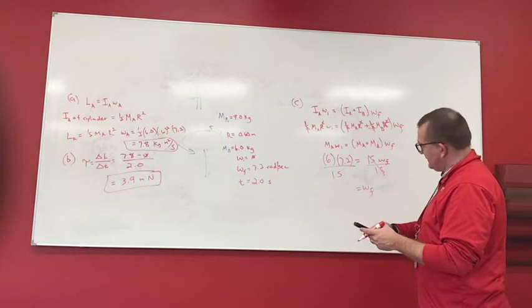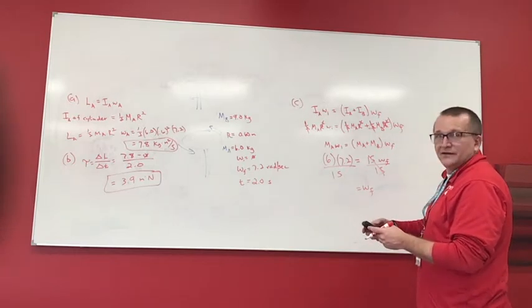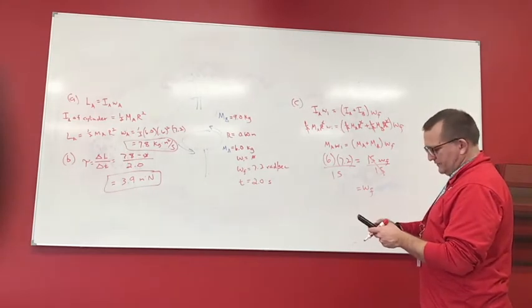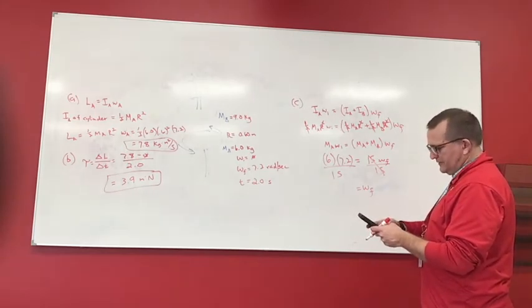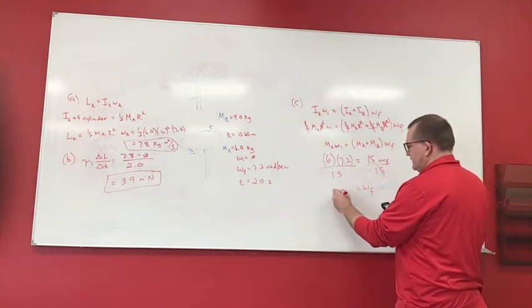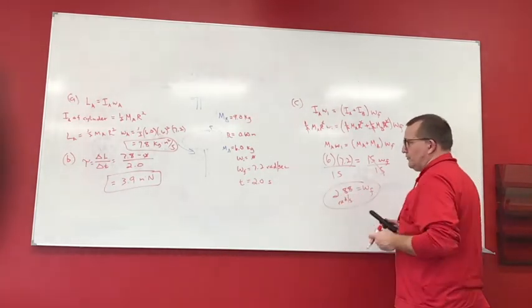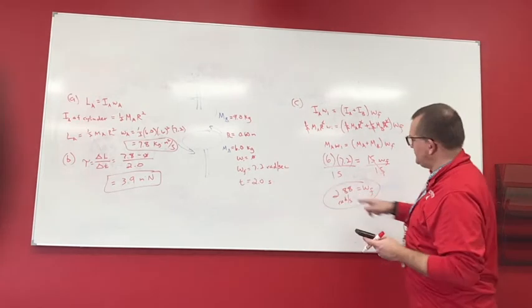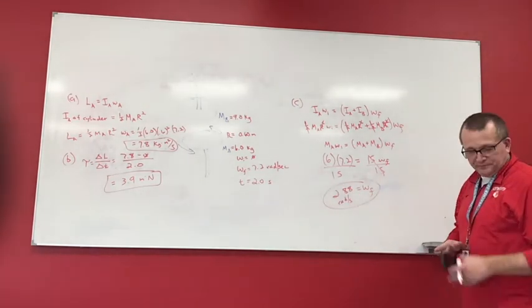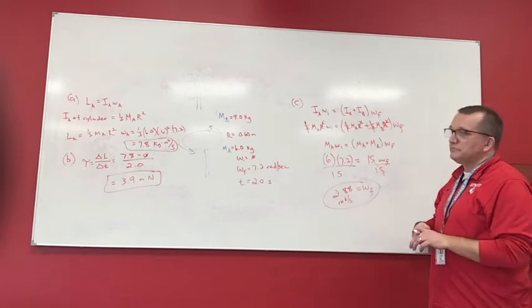This one I didn't write down, so I'm going to calculate with my calculator here. But what I see is 6 times 7.2 divided by 15, 2.88 radians per second. So we're going from 7.2 to 2.88. And that's just conservation of momentum.